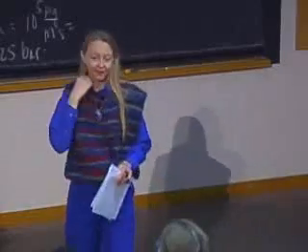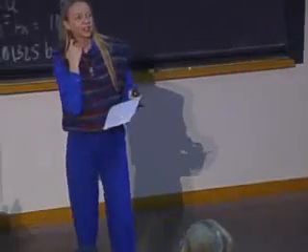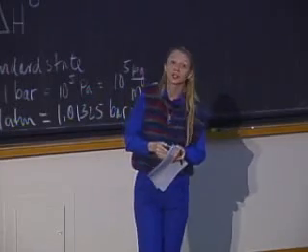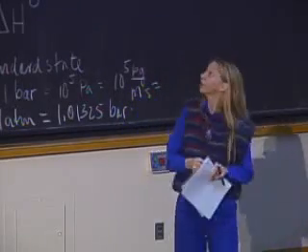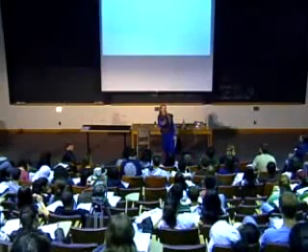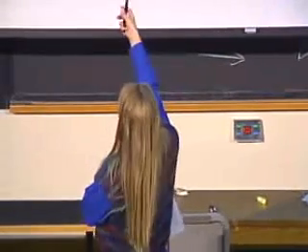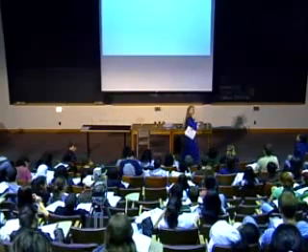So what we want to understand is what is the key to spontaneity, in particular for chemical reactions. For example, you know that iron rusts, and you don't have to do anything about it to make it happen. It turns out that iron rusting is a very exothermic reaction, minus 824 kilojoules per mole.